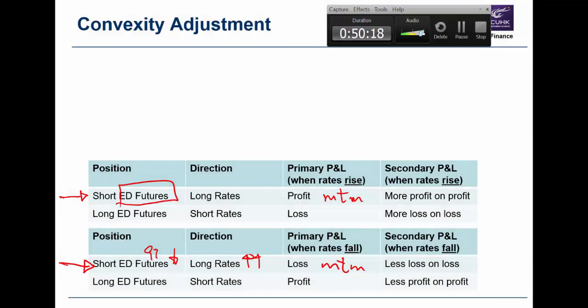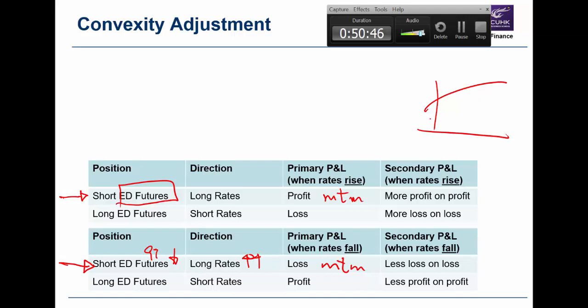Okay, now the end result is, you need to borrow money to pay up your margin account. But you know what? Because interest rates are falling, your borrowing cost is going to be less. Maybe when you did the trade, the entire interest rate market was here.